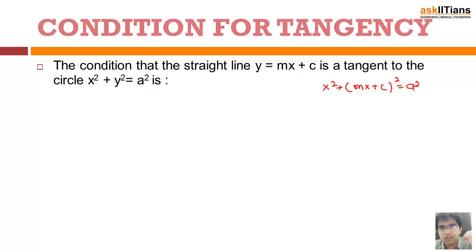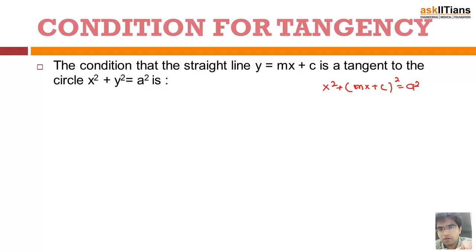I am trying to satisfy the line with the circle. That means this equation will give me at how many points the circle and line are meeting, or what are the values of x that will satisfy both the line and the circle simultaneously.